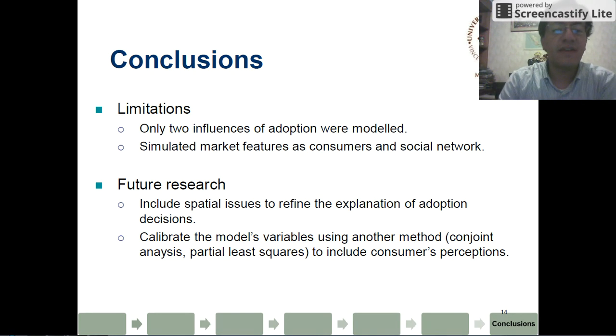And finally, as future research, there is a need to calibrate the model's variables using another method that is grounded on the local characteristics of the consumers, and these perceptions and opinions may be gathered using conjoint analysis or partial least squares to include such consumers' perceptions in the adoption decision.